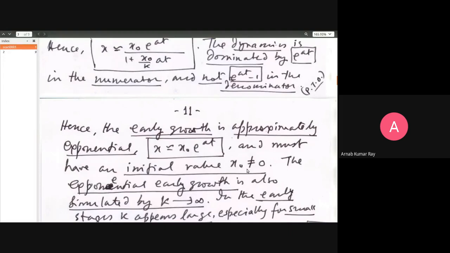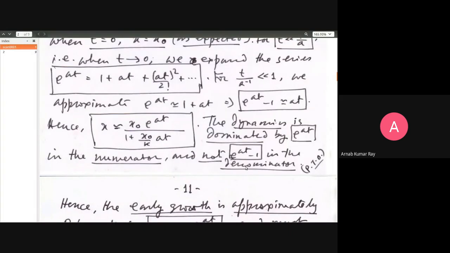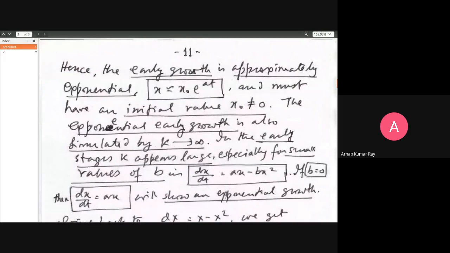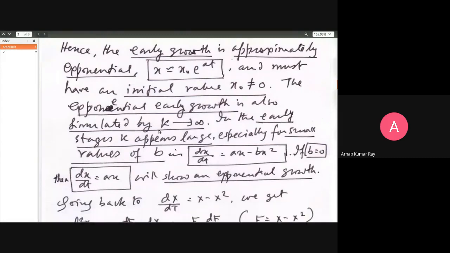But can we simulate the exponential growth? I've written something over here. Let me read that out first. The exponential early growth is also simulated by k going to infinity. In the early stages, k will appear large, especially for small values of b. Let us see what I mean by that.